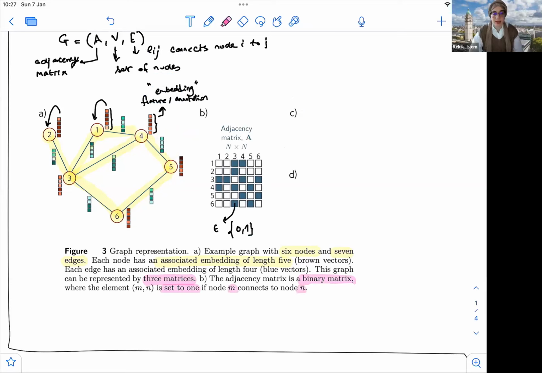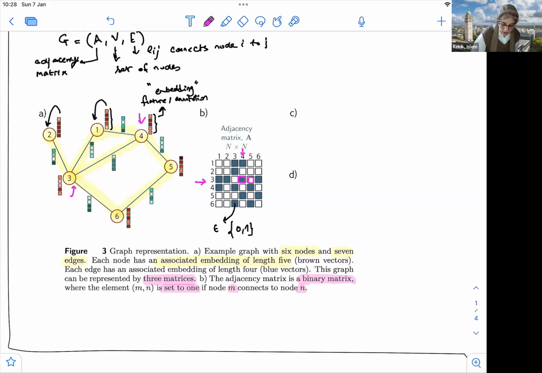That's very easy. For example, if we check node 3 and node 4, you can see that these are connected. But if you select 3 and 5, there is no connection between 3 and 5, so it's empty right here. So this is the adjacency matrix.